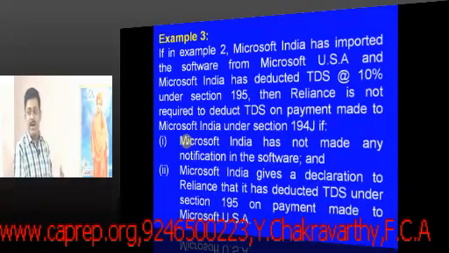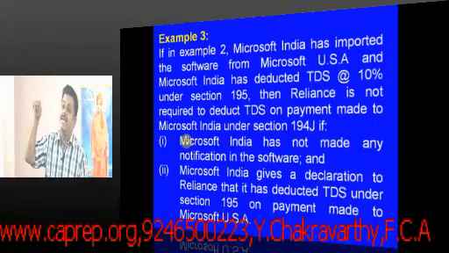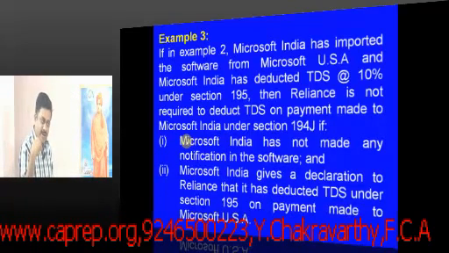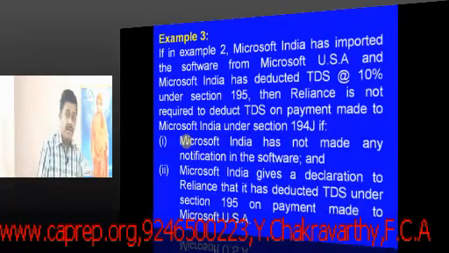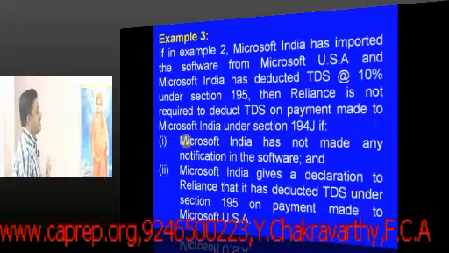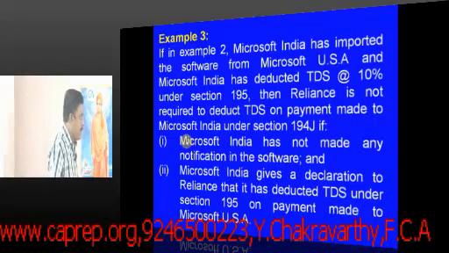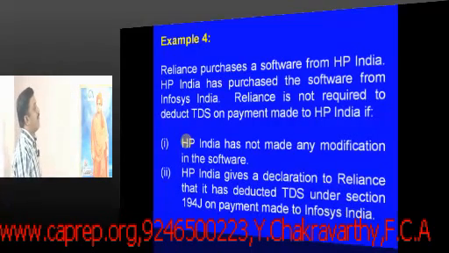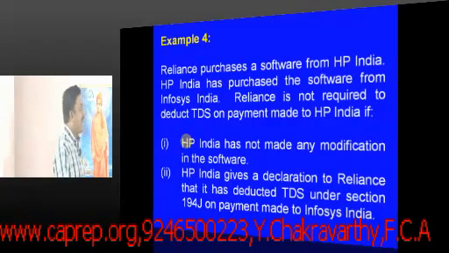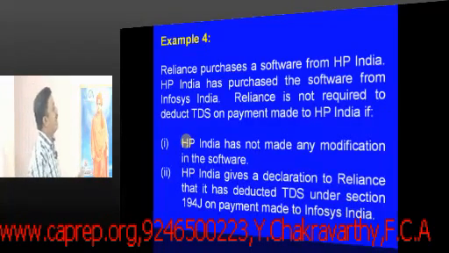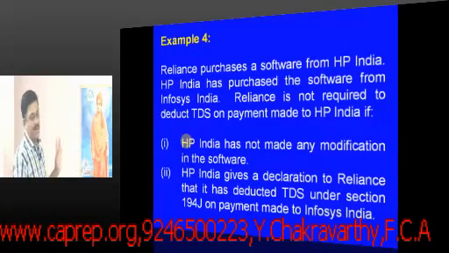If it is a subsequent transfer, in the earlier transfer TDS is already deducted, and we obtain a declaration to that effect from the transferor, then you do not deduct the TDS. Then, friends, Reliance purchases a software from HP India. HP India has purchased software from Infosys India. Reliance is not required to deduct the TDS on the payments to HP India if these two conditions are met.